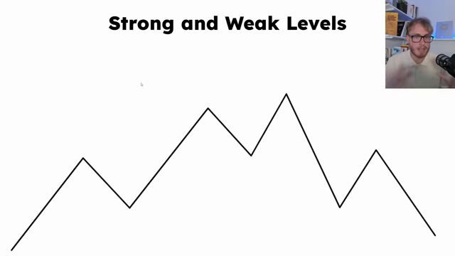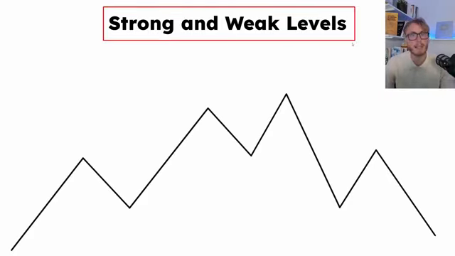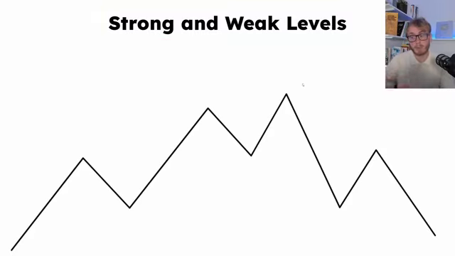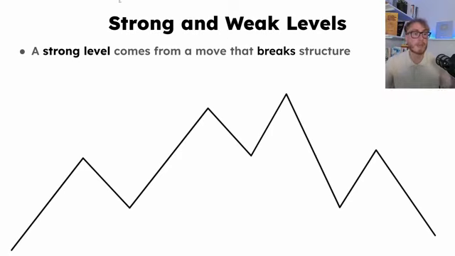Alright, so now when we have a deep understanding of change of character and break of structure, we are ready to take a look at yet another important market structure concept, and that is strong and weak levels. And this concept is something we will use throughout the whole course, so make sure to really pay attention now. The basics of this concept is very simple.